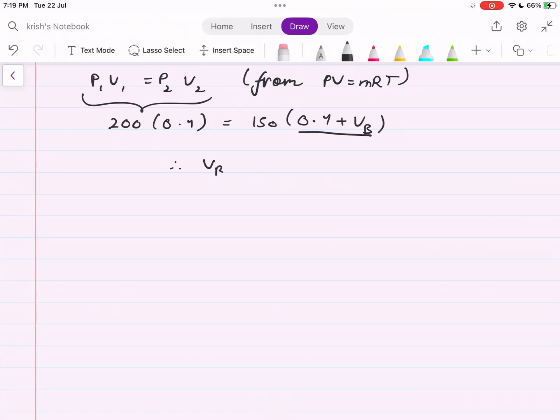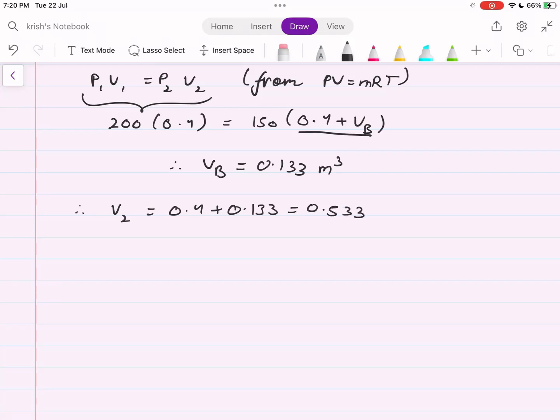Therefore, VB equals 0.133 meter cube. Therefore, V2 equals 0.4 plus 0.133, which is 0.533, right?